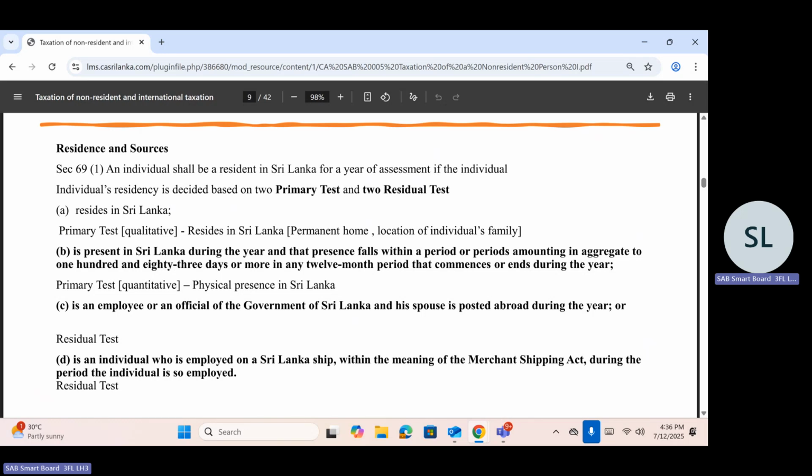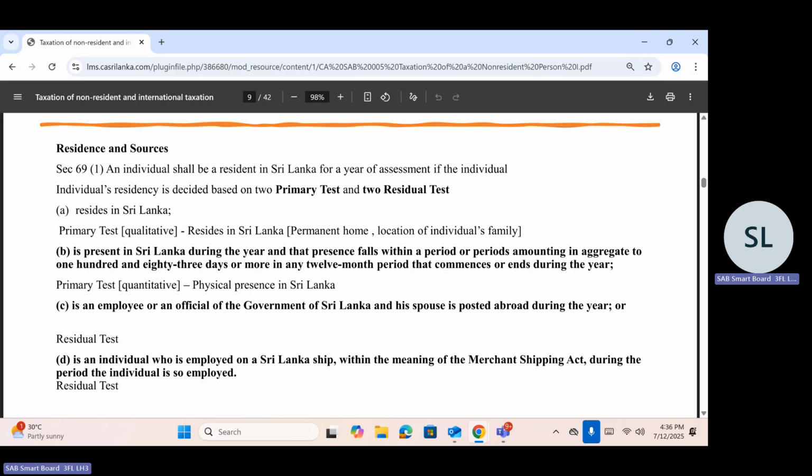That type of thing we need to check. The second thing is whether the person is in Sri Lanka during the year for a period or periods amounting in aggregate to 183 days. The second thing is physical presence. The first says whether he resides in Sri Lanka.